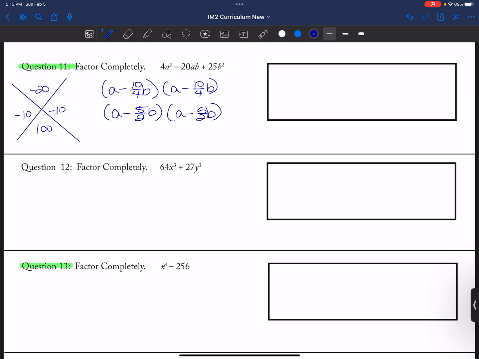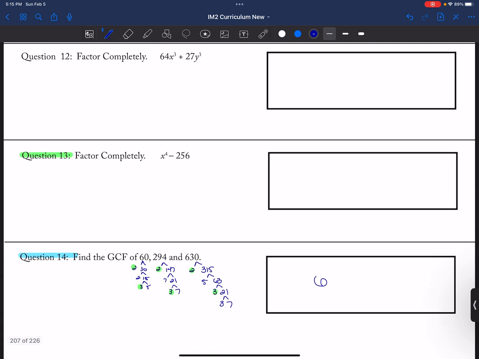And then the 2 comes to the top. So 2a minus 5b and 2a minus 5b. Which makes a 2a minus 5b, the quantity squared.